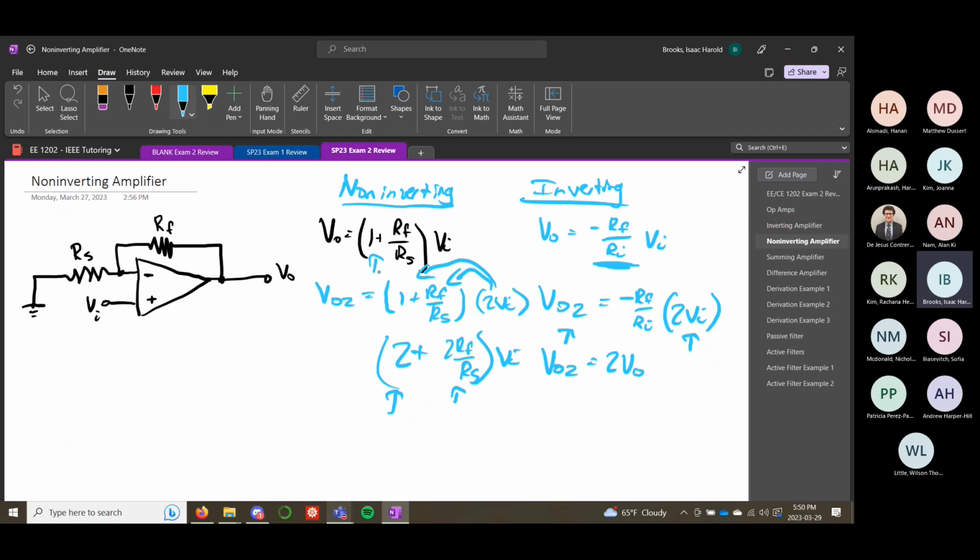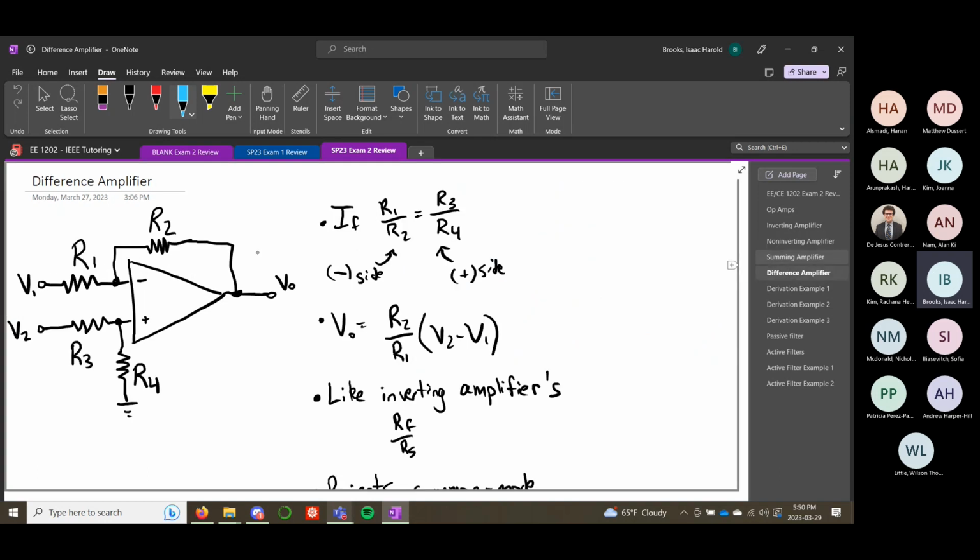And there's some other properties that we'll talk about later, but if that's confusing, I would say don't worry about it too much. But the inverting amplifiers have this nice property, and then if we get to the summing amplifiers, or some of the other amplifiers, like the difference amplifier, they're kind of just based on the inverting amplifier topology.